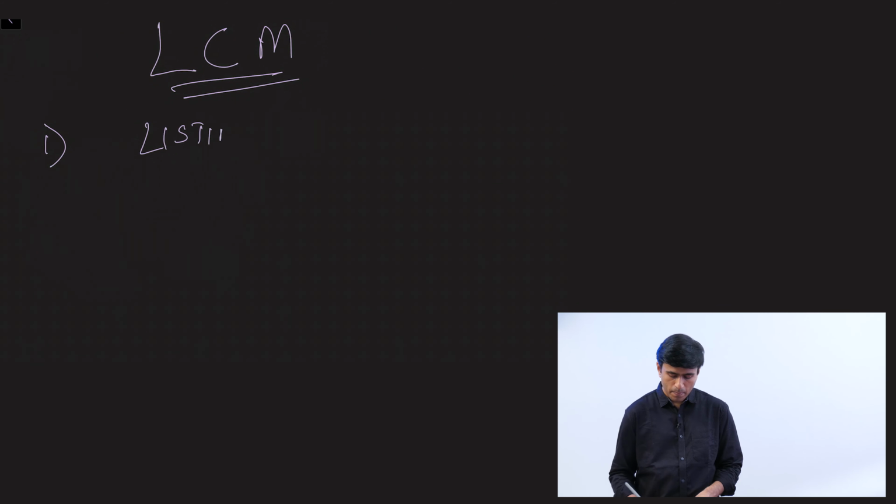Now let's look at finding the LCM, or the lowest common multiple. Some people say it as least common multiple. To find the lowest common multiple, we have three methods. First method is the listing method.